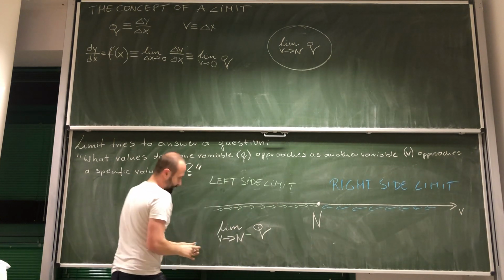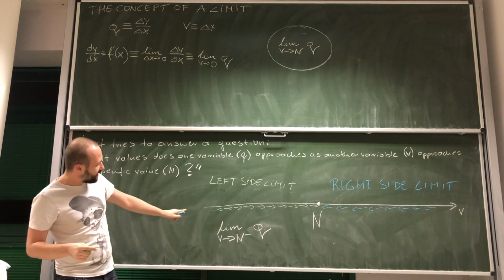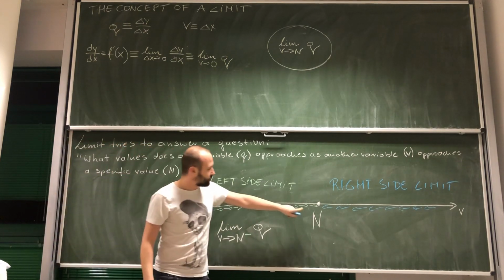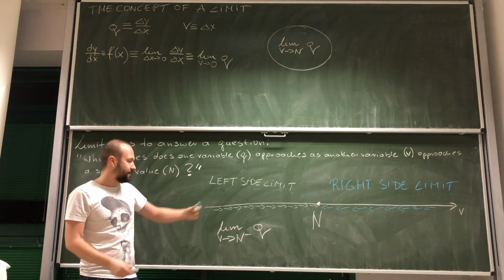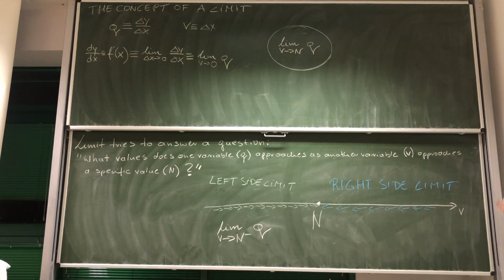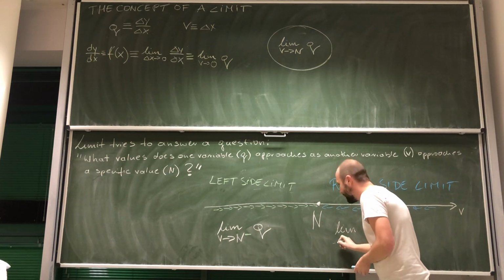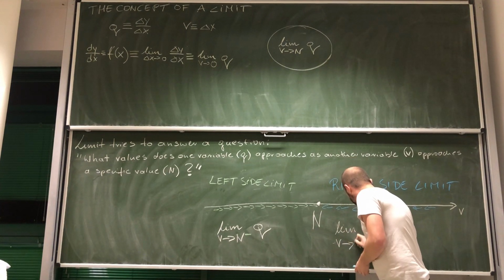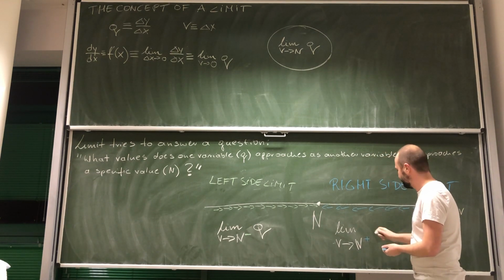This minus denotes the fact that we are getting closer and closer to n, but from values lower than n. And consequently, if we approach n from values bigger than n, we should write limit with v approaching n with plus over here.